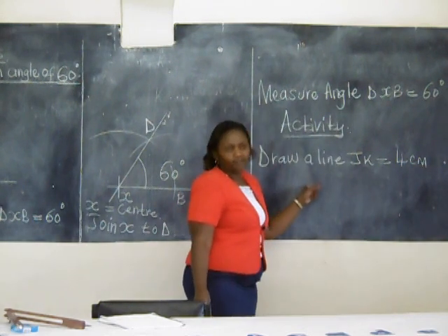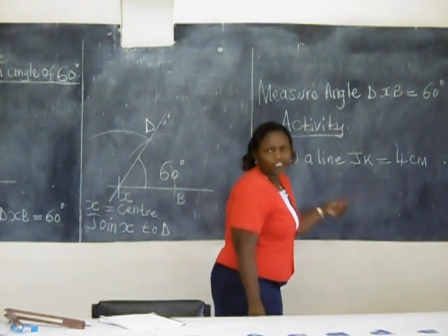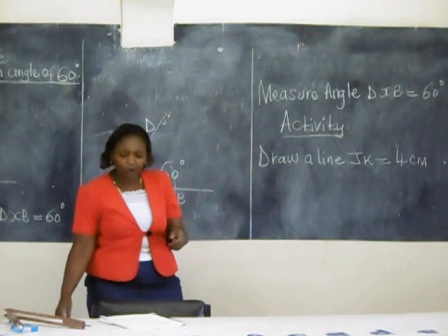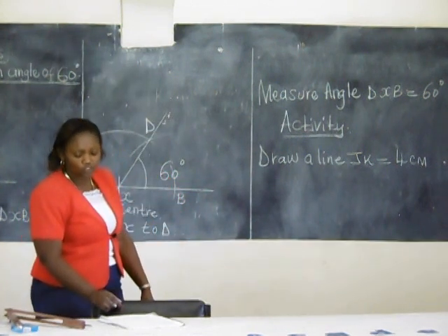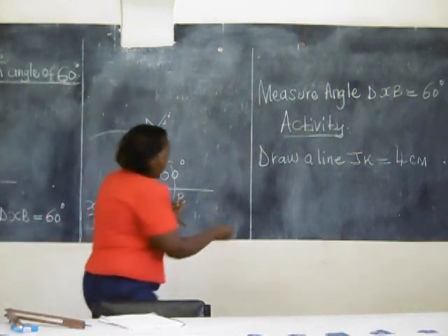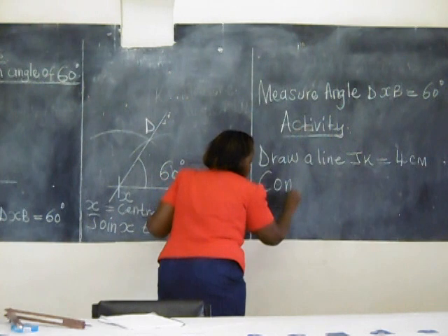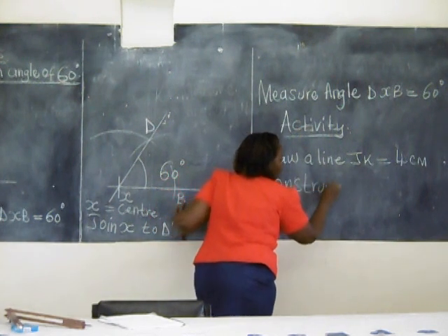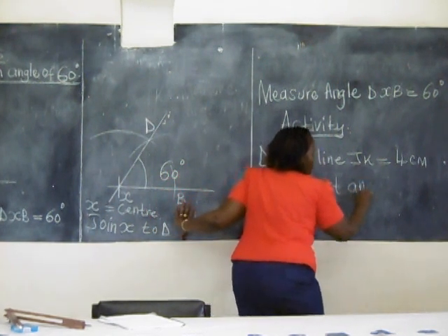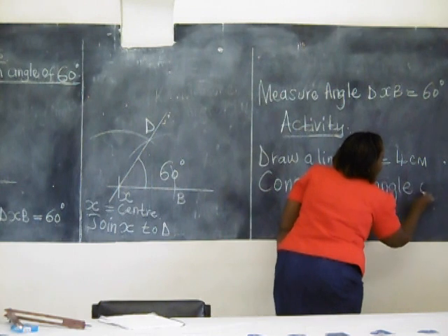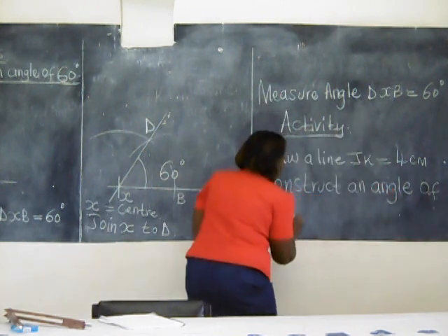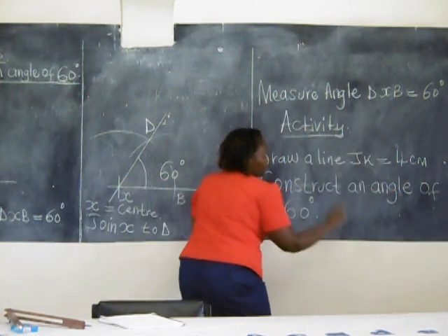Let your line be marked from J to K, and then construct an angle of 60 degrees.